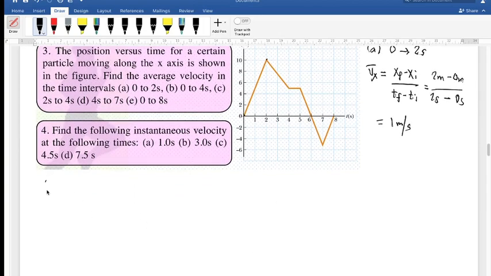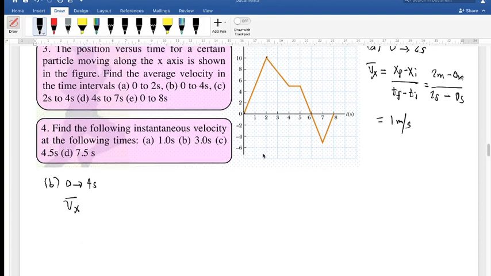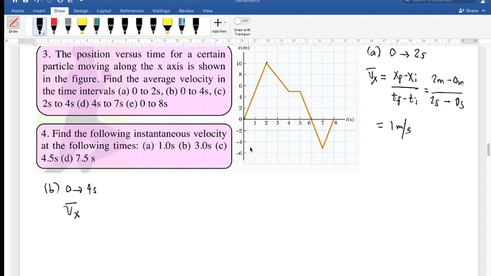How about from 0 to 4 seconds? So how can we do this one? Just like what we did here, we have to take note of the position for that time. At 0, the position is 0 meters. And at 4 seconds, the position is approximately 5 meters.